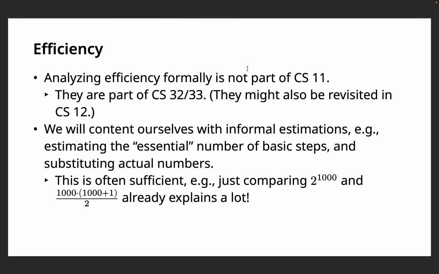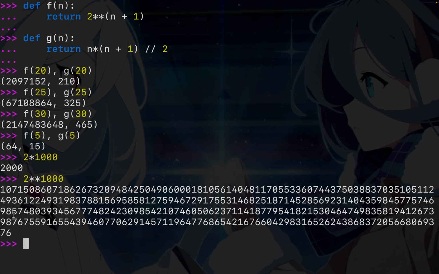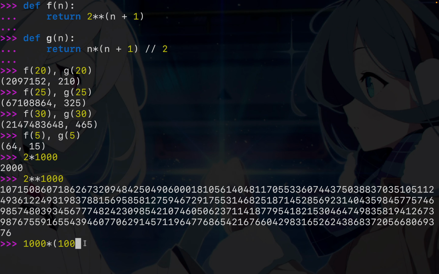Okay, so for our example, just by comparing 2 raised to, for example, if the sequence had a length of 1000, if we try to compare this 2 raised to 1000 and this, this already tells us why one function is a lot slower than the other. 2 raised to 1000 is whatever this big number is, while 1000 times 1000 plus 1 over 2, it's just 500,000.